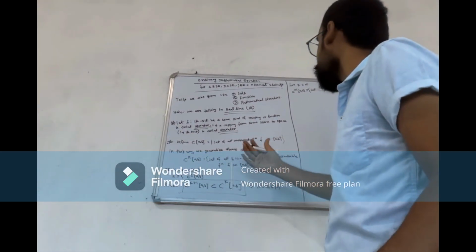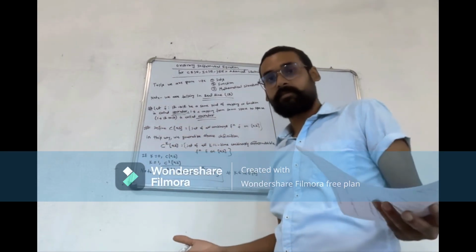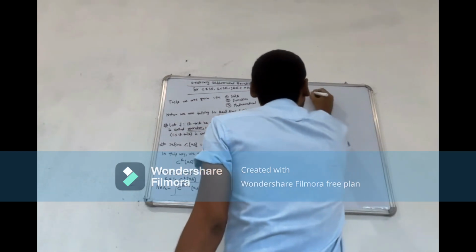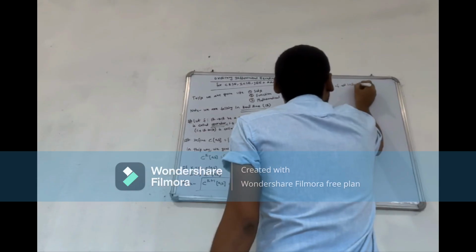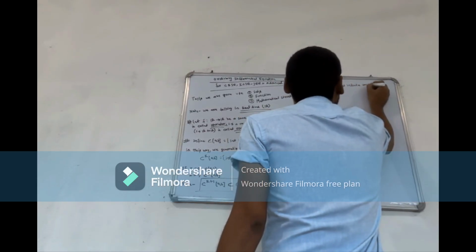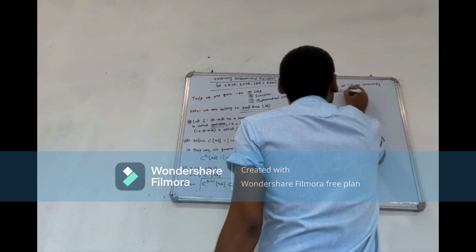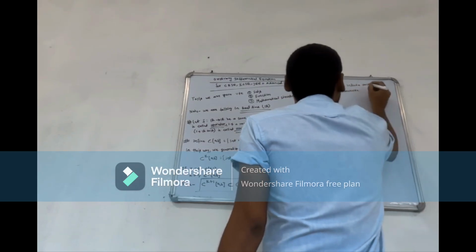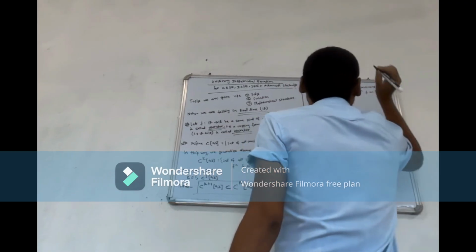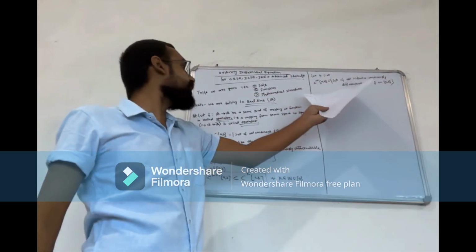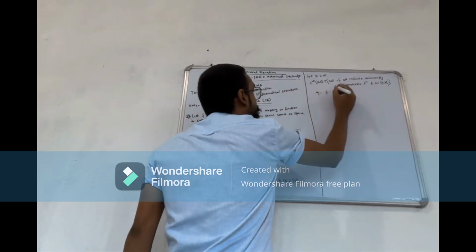It's a similar case: the set of all infinitely many times continuously differentiable functions f on the interval AB.